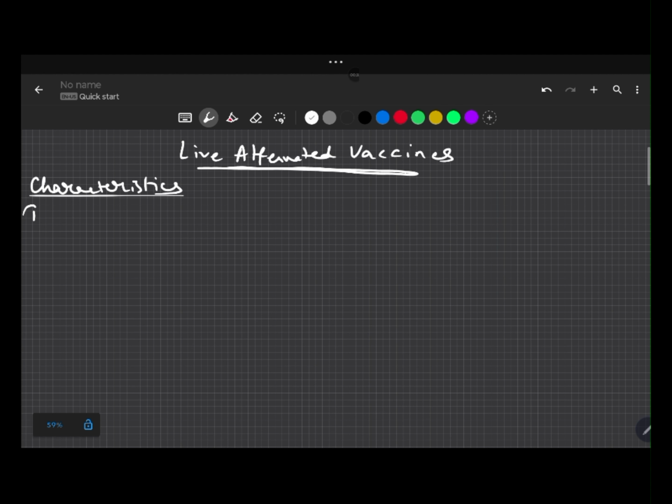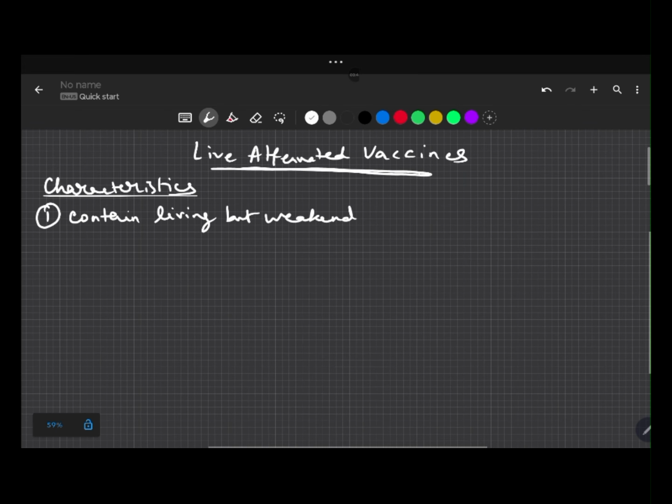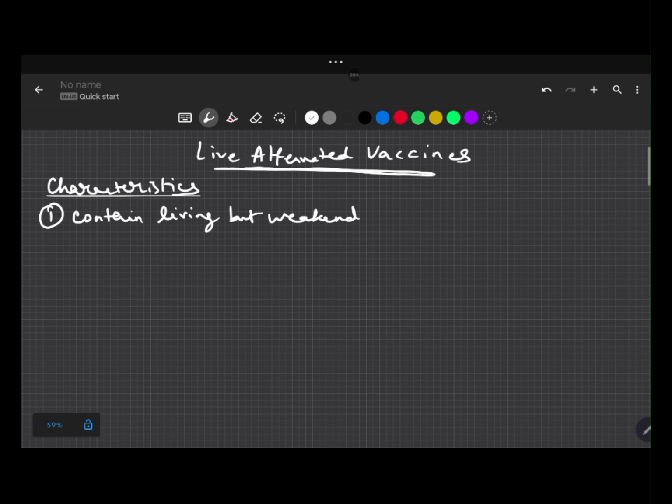Number one, they contain living but weakened pathogens. This we have already discussed, that they contain living pathogens, but those pathogens have been weakened.